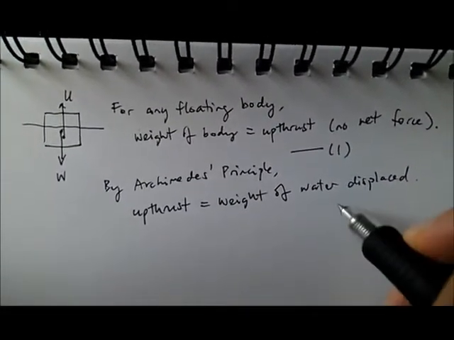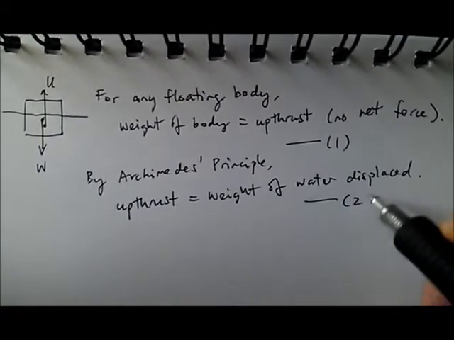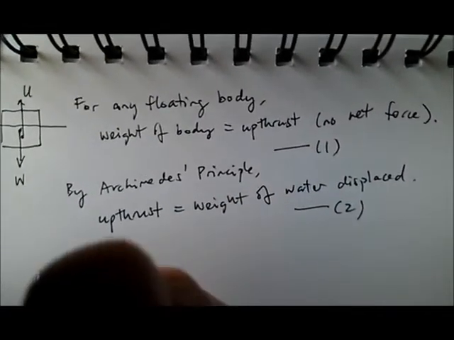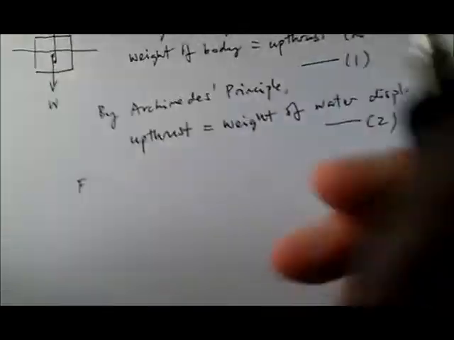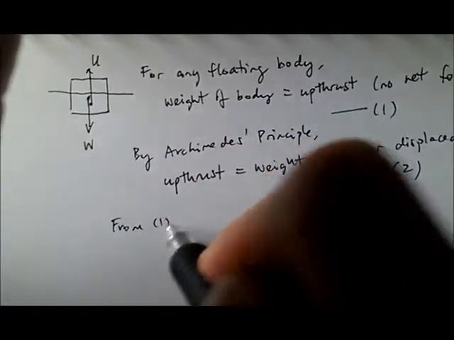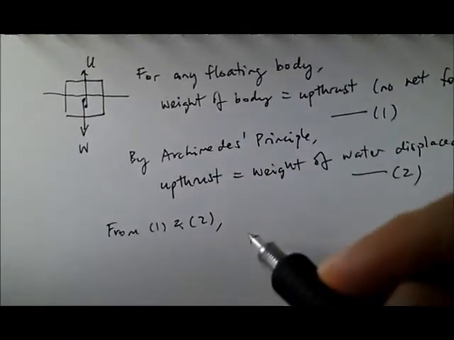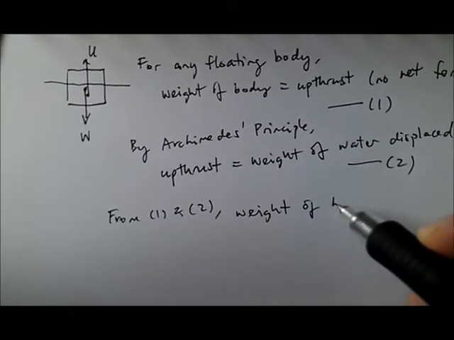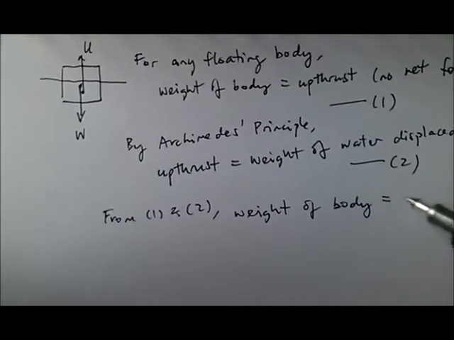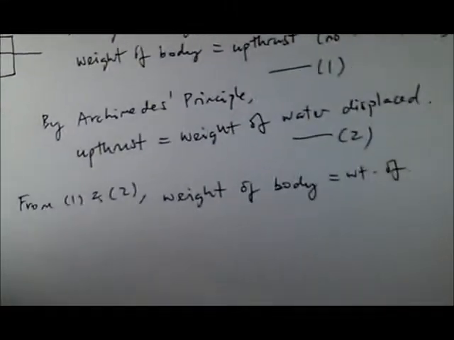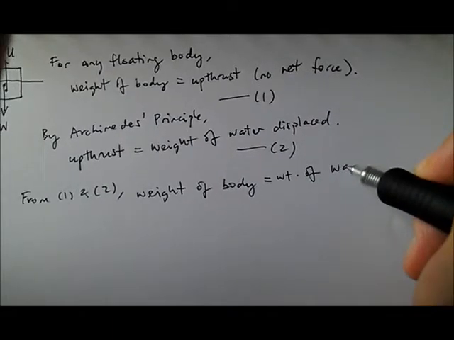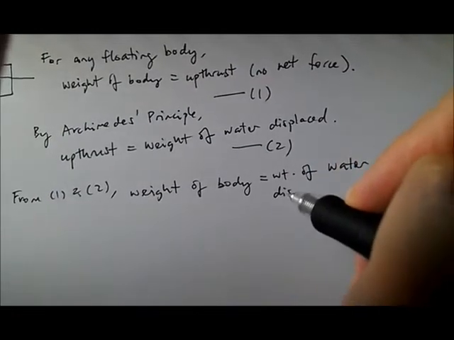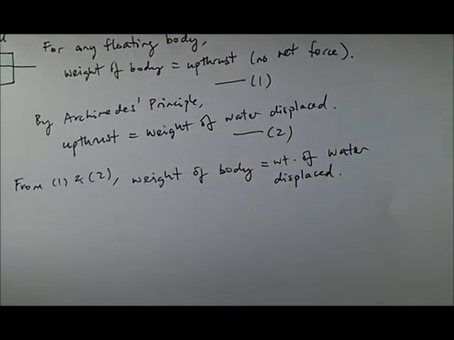So if you combine these two principles, looking at both equation 1 and 2, you come to the conclusion that for a floating object, the weight of the body is equal to the weight of the fluid displaced, the weight of water in this case, displaced by the floating body.